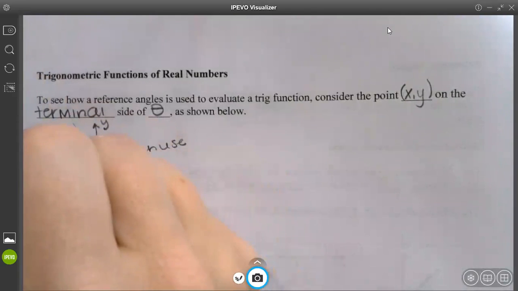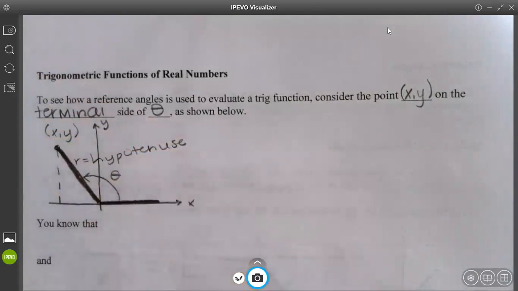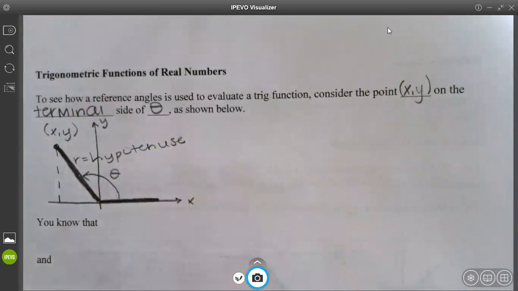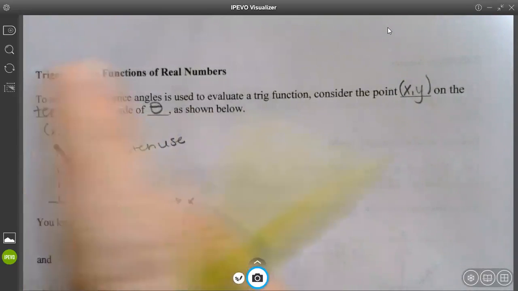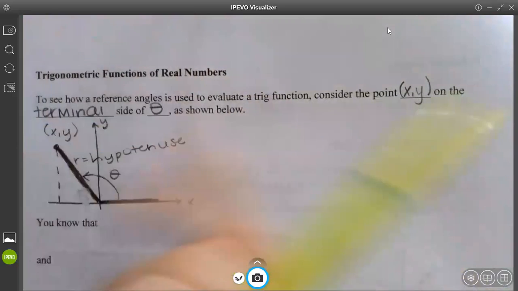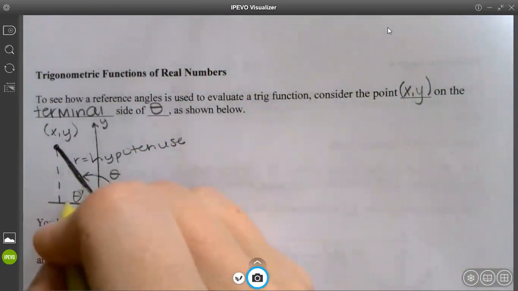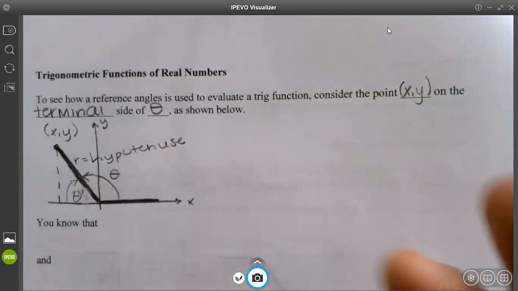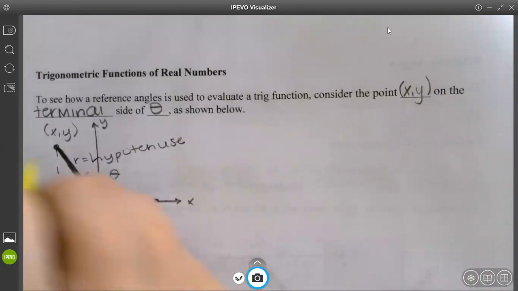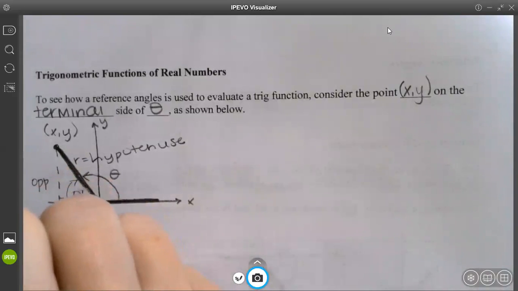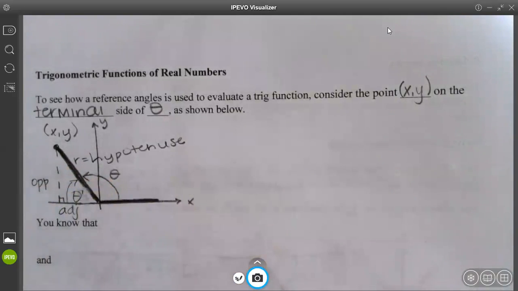R will be your hypotenuse. We can make a right triangle. So this, you're not going to be able to see it, sorry, is going to be your reference angle in here. So remember we talked about that being your reference angle. This one would be your opposite. And this one would be your adjacent.